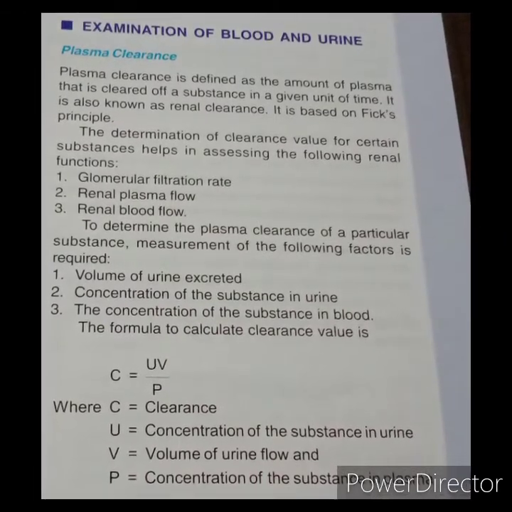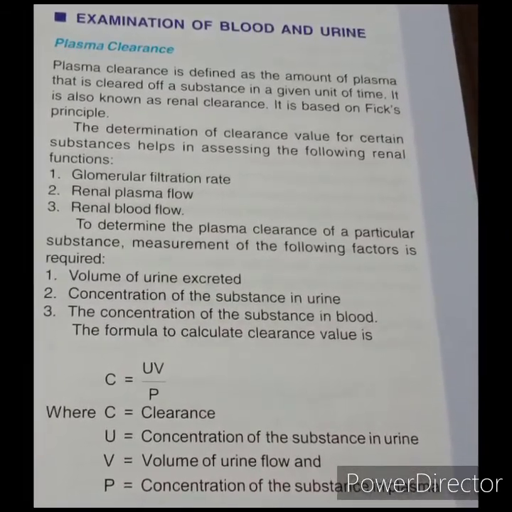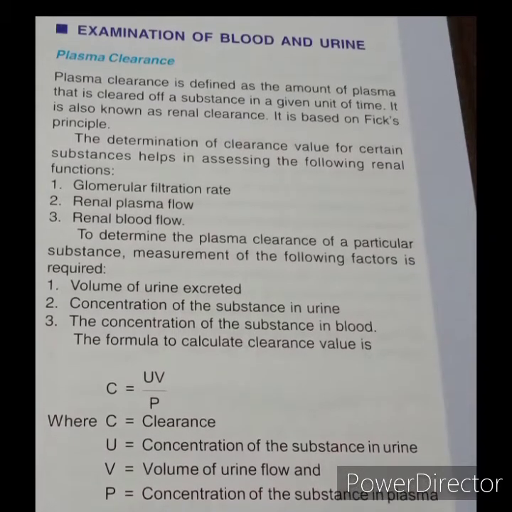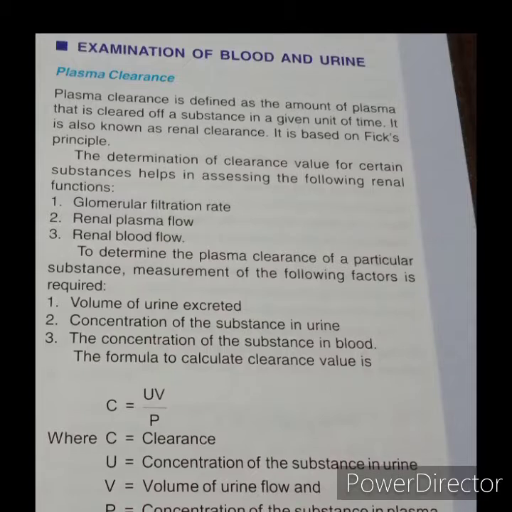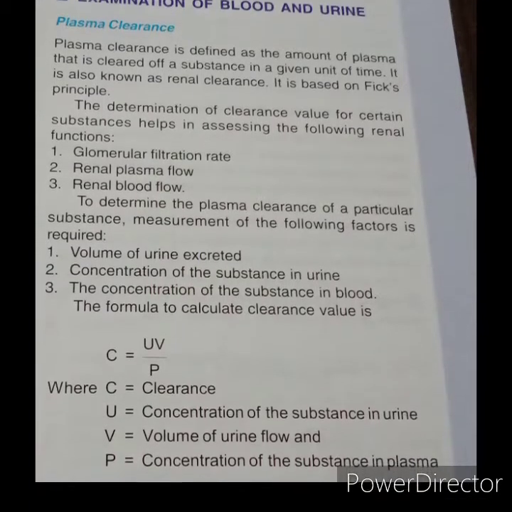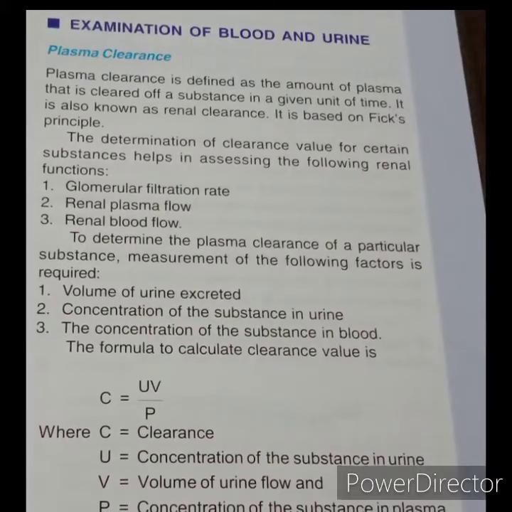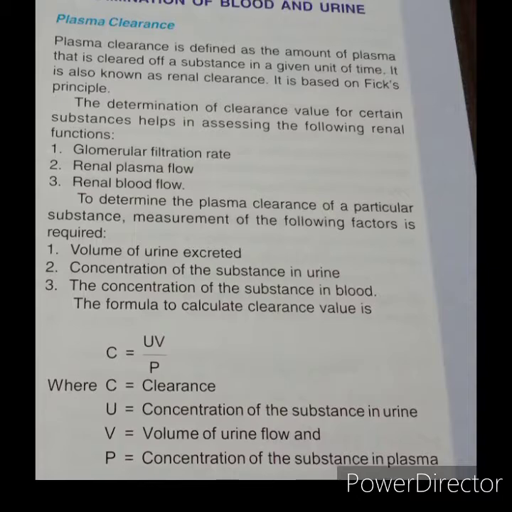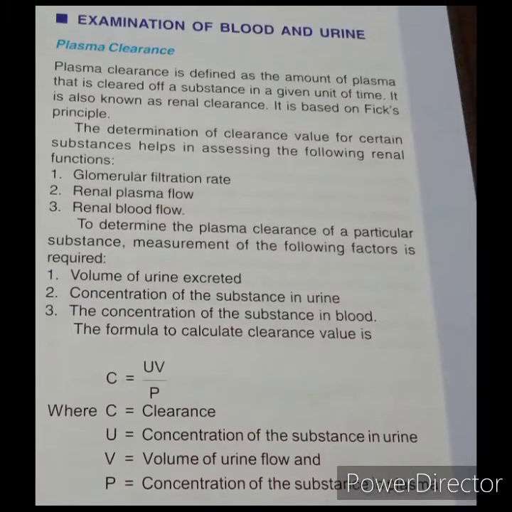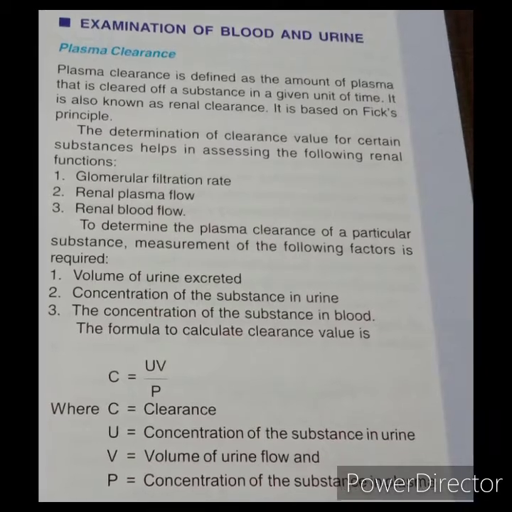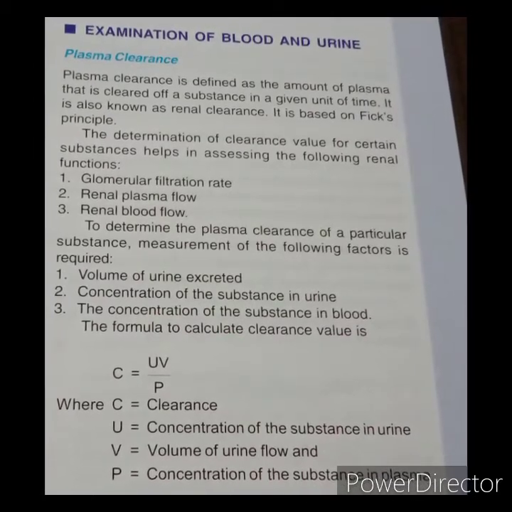Third, epithelial cells. Normally, few tubular epithelial cells slough into urine. Presence of many epithelial cells occurs in conditions such as nephrotic syndrome and tubular necrosis. Fourth, casts. Casts are the cylindrical bodies that are molded in the shape of proximal convoluted tubule and collecting duct.